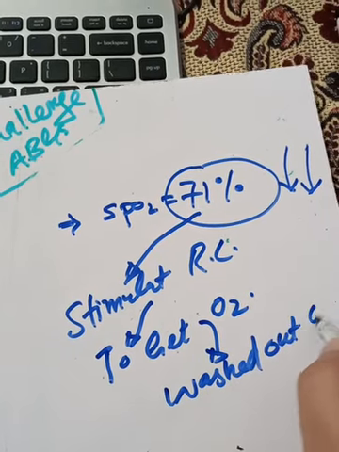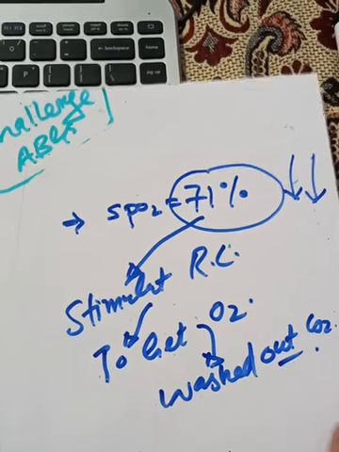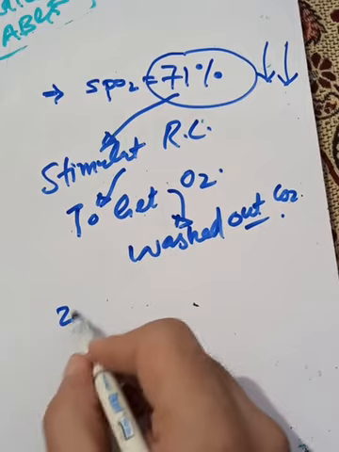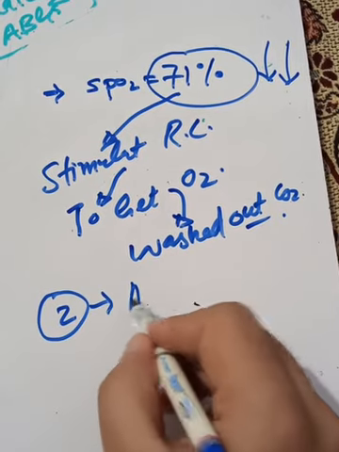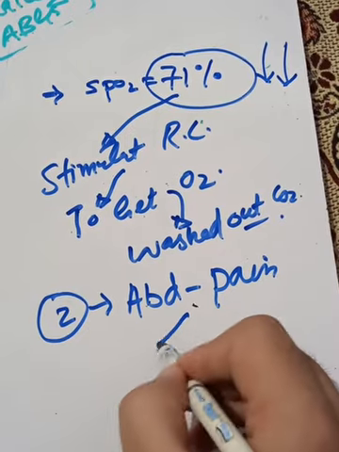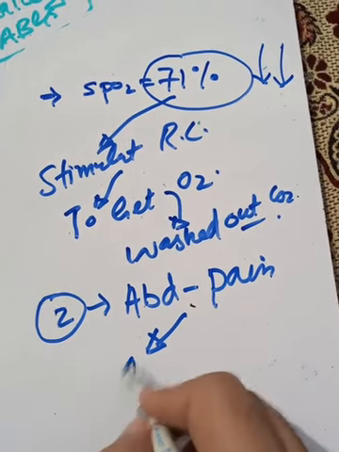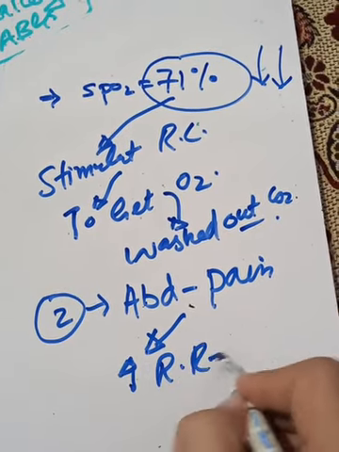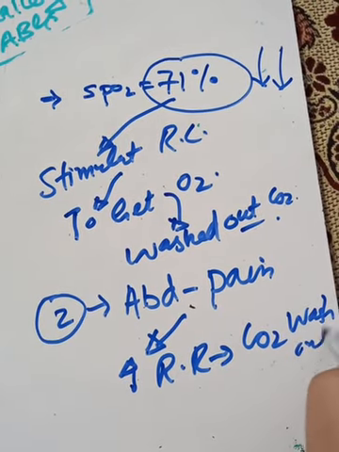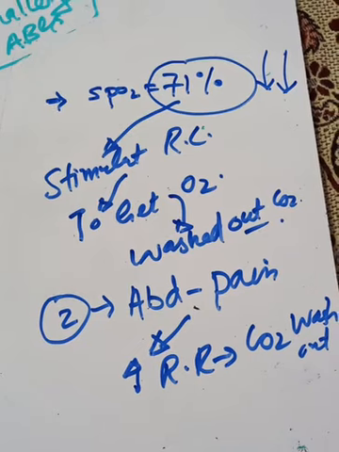The patient washed out CO2. So this was respiratory alkalosis. That was one reason. The second reason was the patient was having abdominal pain, and we know that abdominal pain causes increased respiratory rate. So that also washes out the CO2.